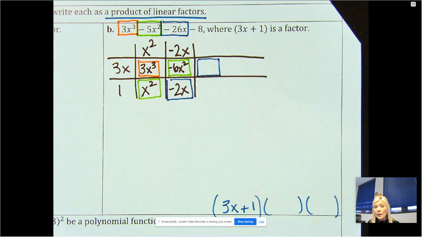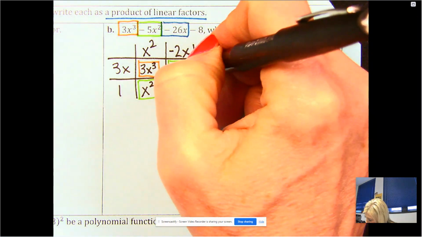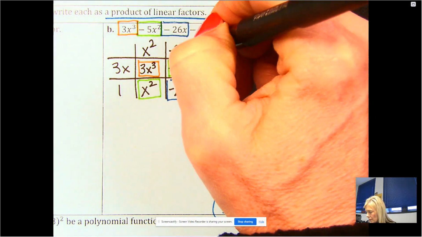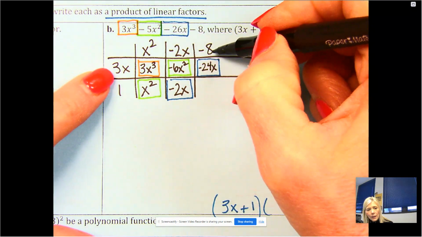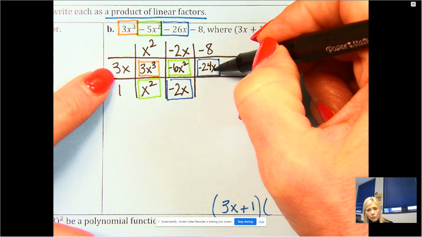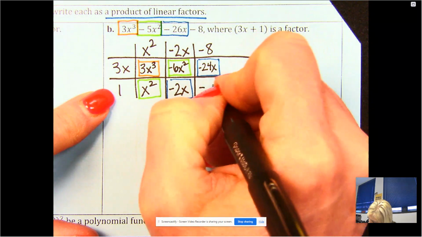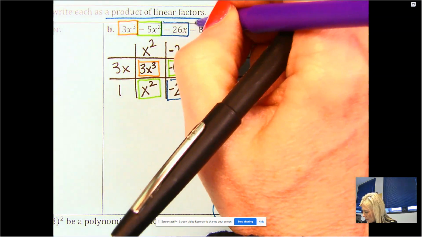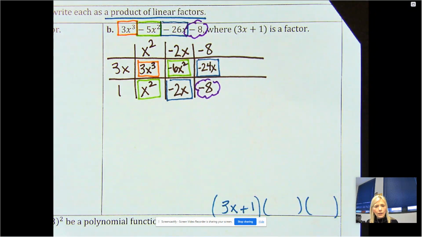Okay, so to get all the way to negative 26, and we're at negative 2, we need to add negative 24x, which means negative 8 goes up here because negative 8 times 3x is negative 24x. And then negative 8 times 1 is negative 8. And now we know that we've actually done this correctly because this was our final target, and that's what we ended with in the box. So it divided in evenly.